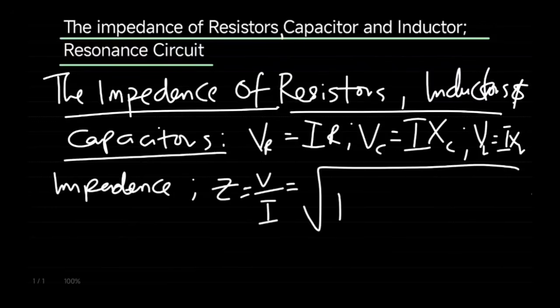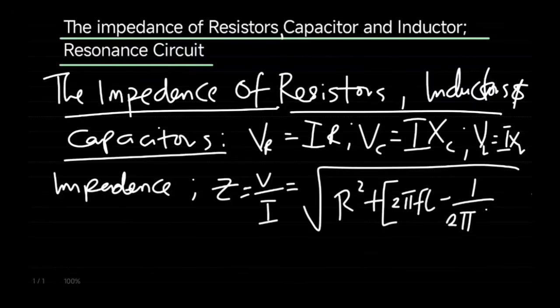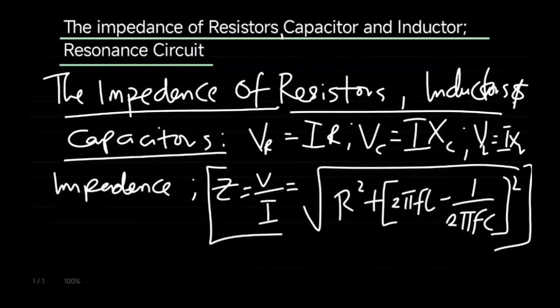The square root of R square plus bracket open 2 pi FL minus 1 all over 2 pi FC, bracket close all square. So this is the general impedance of resistor, inductor, and capacitor, which is known as the RLC series circuit.